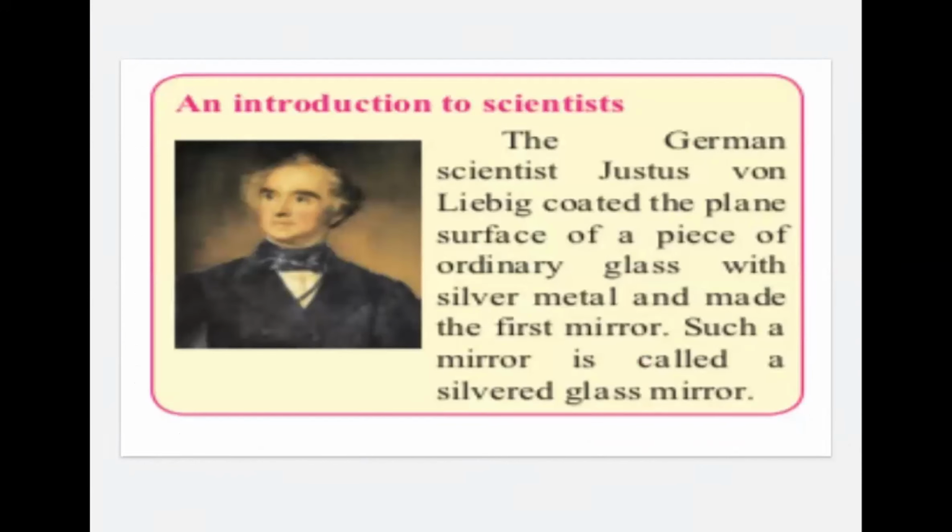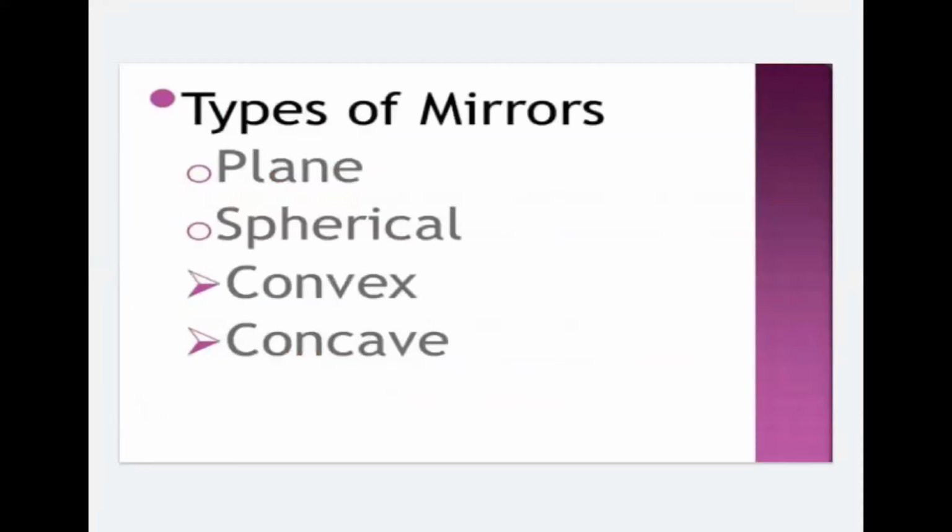The German scientist Justus von Liebig was the one who invented the plane mirror. Basically, there are two types of mirror: plane and spherical. And in spherical mirror, we again have two subtypes: the convex mirror and the concave mirror.